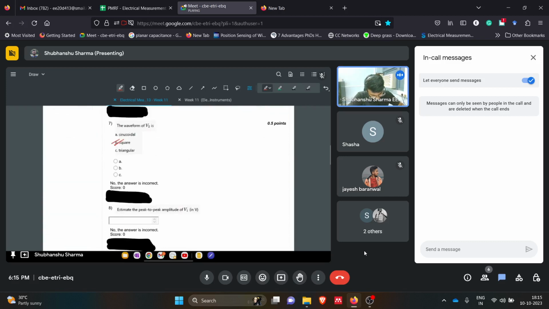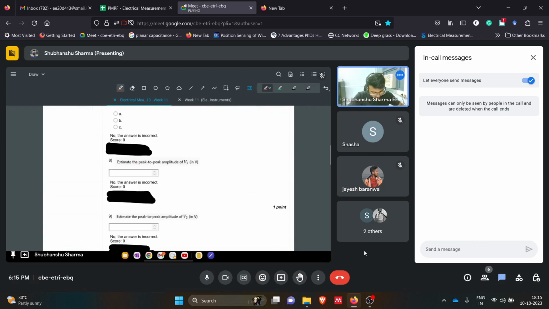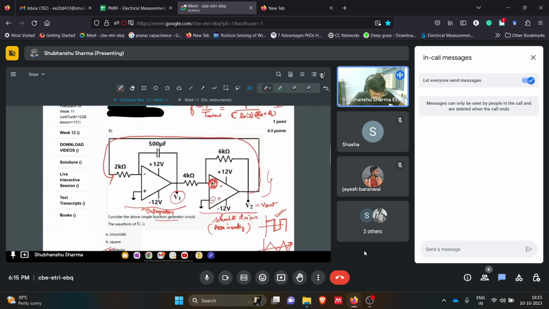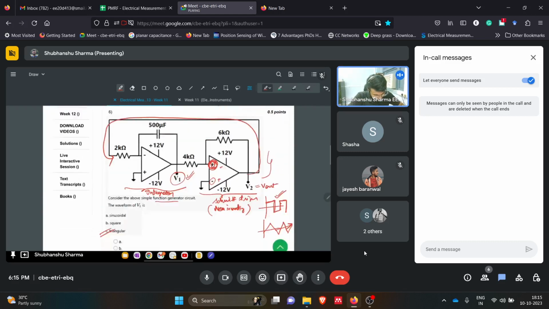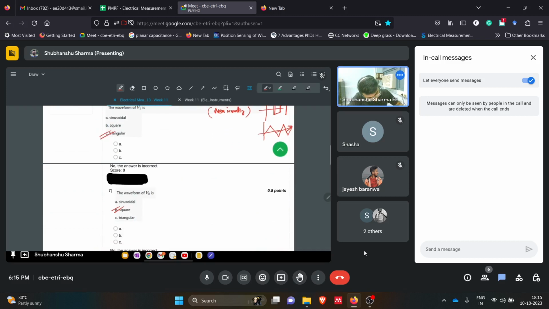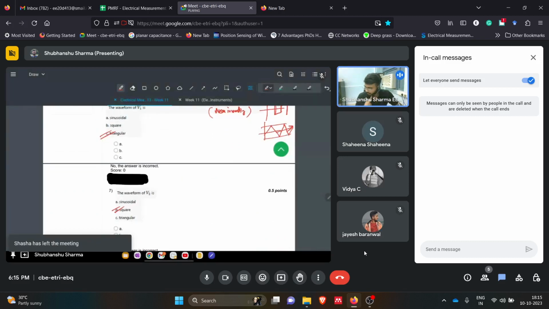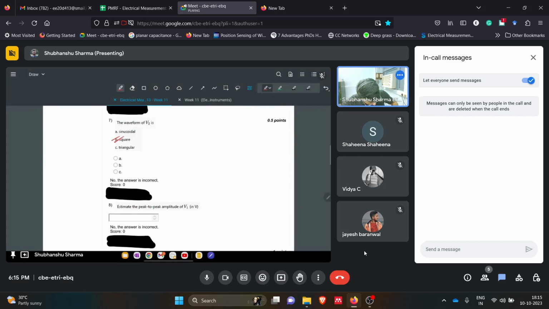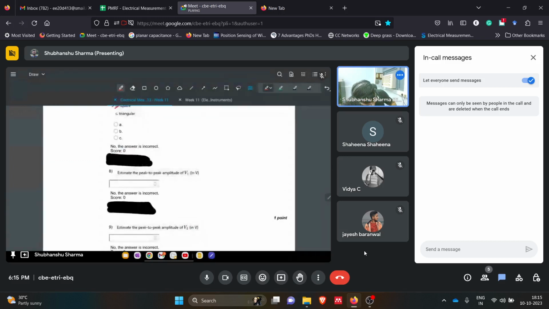Then the next one, the eighth question: estimate the peak to peak amplitude of V1. So the peak to peak amplitude we need to know, and that will be the upper threshold minus the lower threshold.